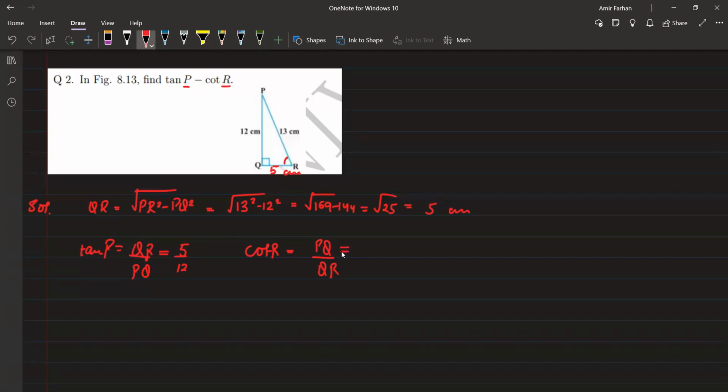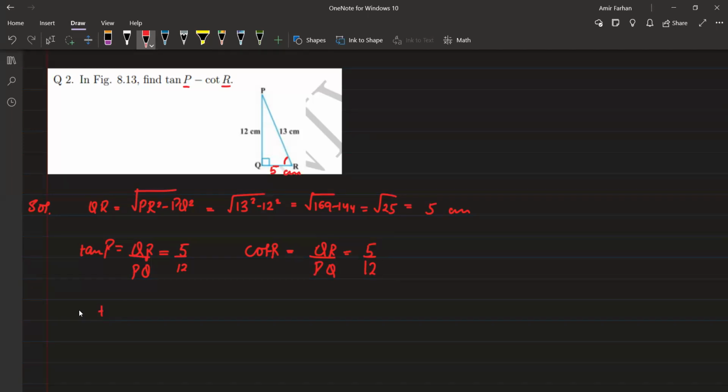PQ by QR will be equal to 12 by 5. Clear? R is this now. Sorry, opposite, so it will be 5 by 12, QR upon PQ, because it is based upon perpendicular 12.